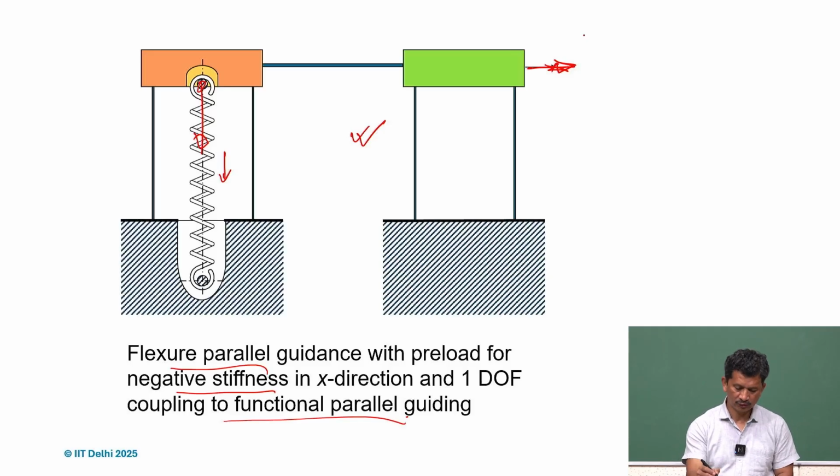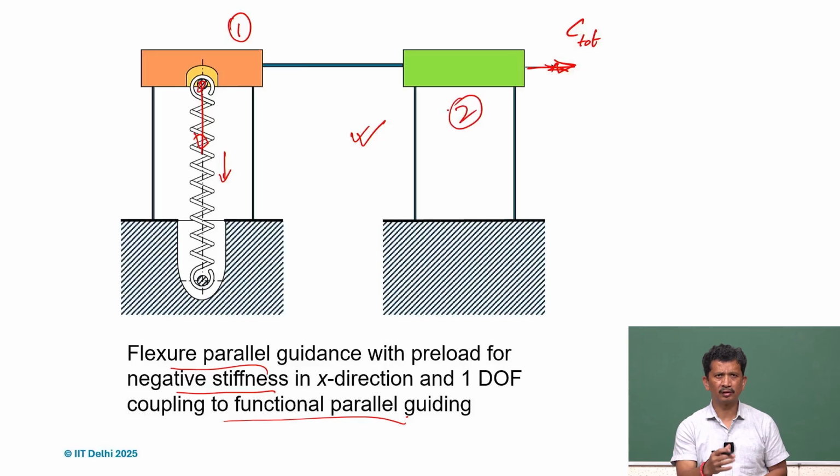So here the C total, because there are many parallel guidances. One is here, another is here. So we have to put everything together, and we can see what C total we want, and we can calculate accordingly. So we have learned a lot of mechanisms, and also learned how to play with the stiffness values.